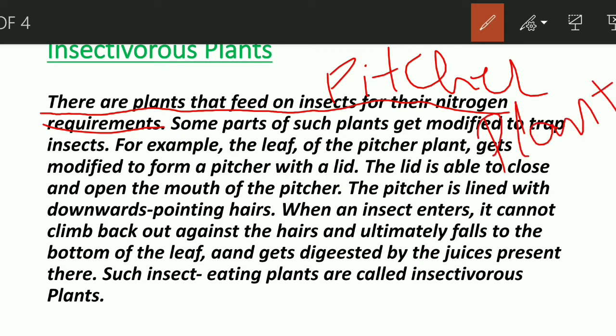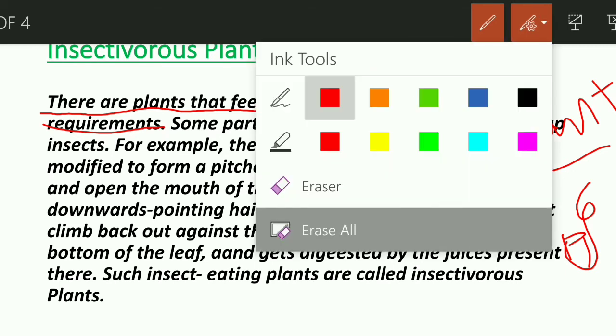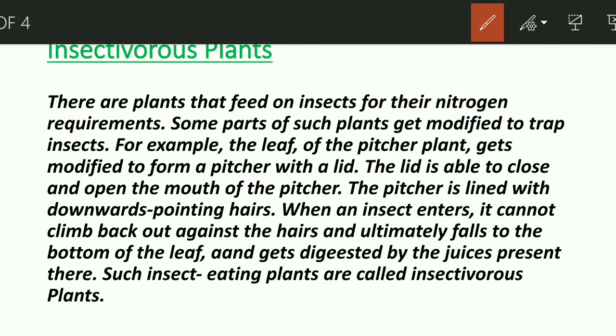Friends, you may have seen or may not have seen that there are some plants which look like this. They look like a small bucket with a covering over the top. And my friends, what is the bucket-like structure? That is the leaf, in fact, the leaf of that plant, which gets modified to form a pitcher.